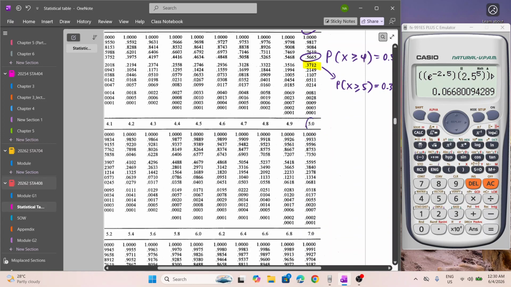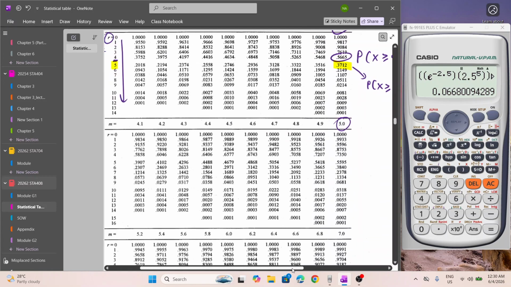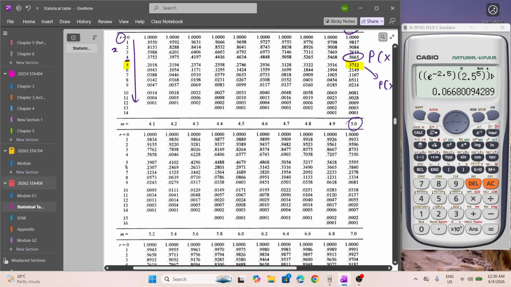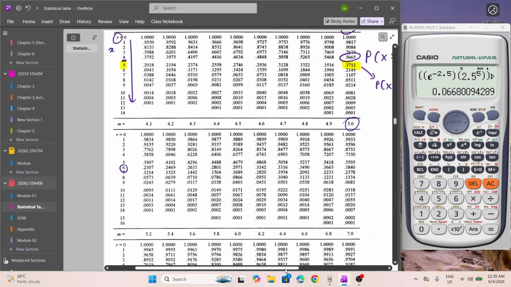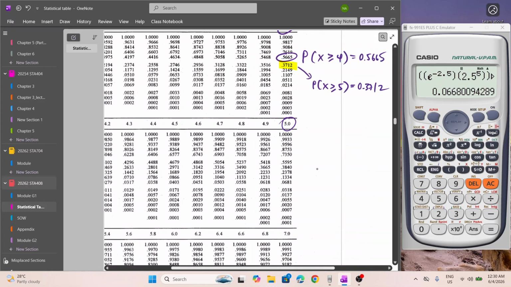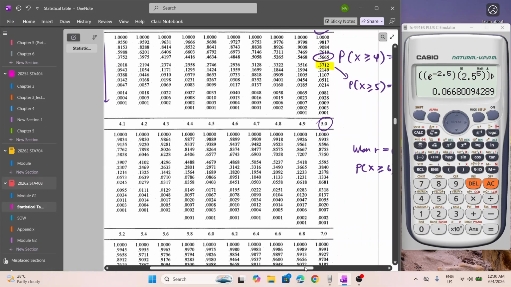So our lambda is now 5, right? And we want to find when r is equal to 6, or when X is greater than or equal to 6. When r in the statistical table is equal to 6, it also means the value is for the probability of X greater than or equal to 6.